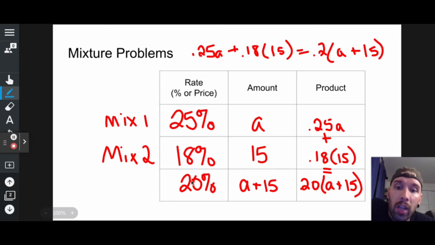Then we take what we hope to get. In this case, I hope we get a 20% mixture, so we write out 20. My amount, if I'm adding A and 15, is A plus 15, and my product is 0.2 times (A plus 15). We say the first one plus the second one equals the third one. That's our equation, bada bing.